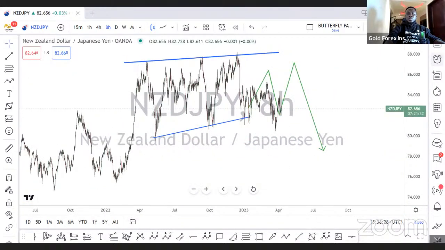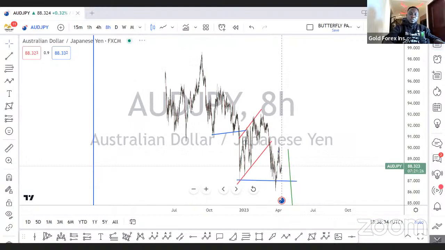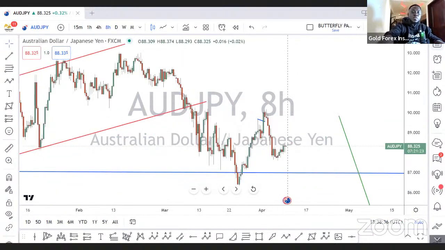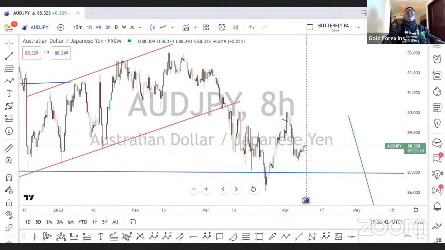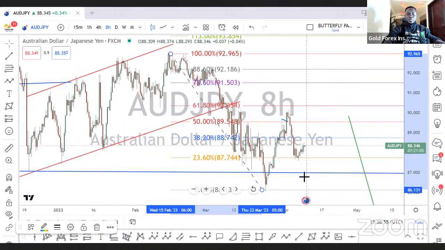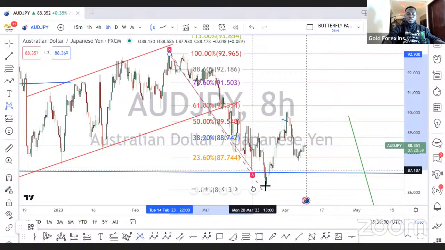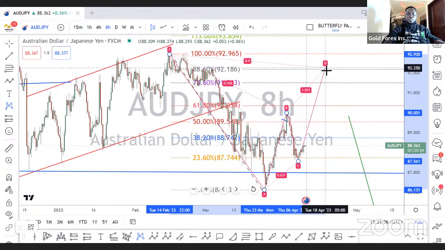Okay. The next one is AUDJPY. So even though it will go down, I'm also expecting this one to move up before, because this is a change of character here. So we might either have a harmonic pattern first, which will form something like this on 88 fib, 50, drop down to 88.